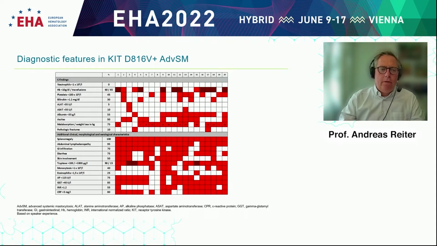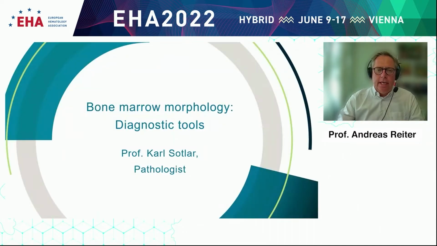But in the lower part of this panel, you see additional symptoms and signs of organ damage, which are not included in the C findings. This, for example, includes abdominal lymphadenopathy, GI infiltration, diarrhea, skin involvement, and many other laboratory parameters, which clearly indicate that this disease is really something like an advanced disease.